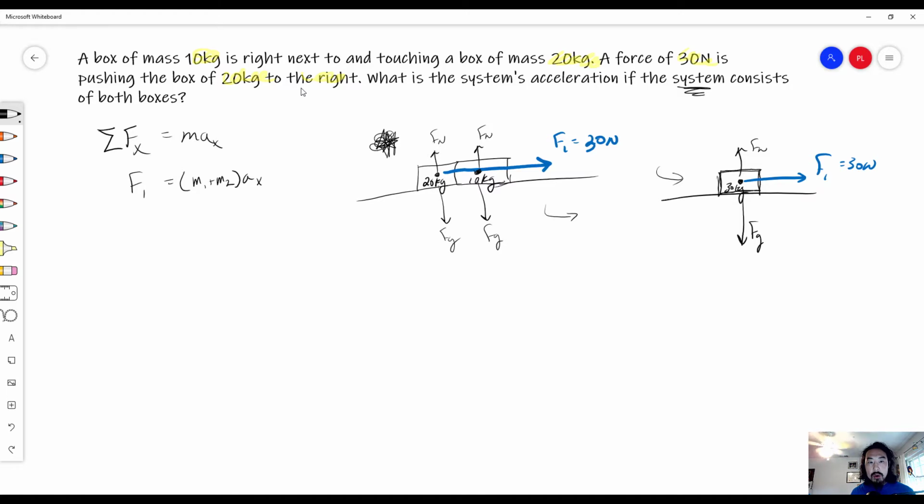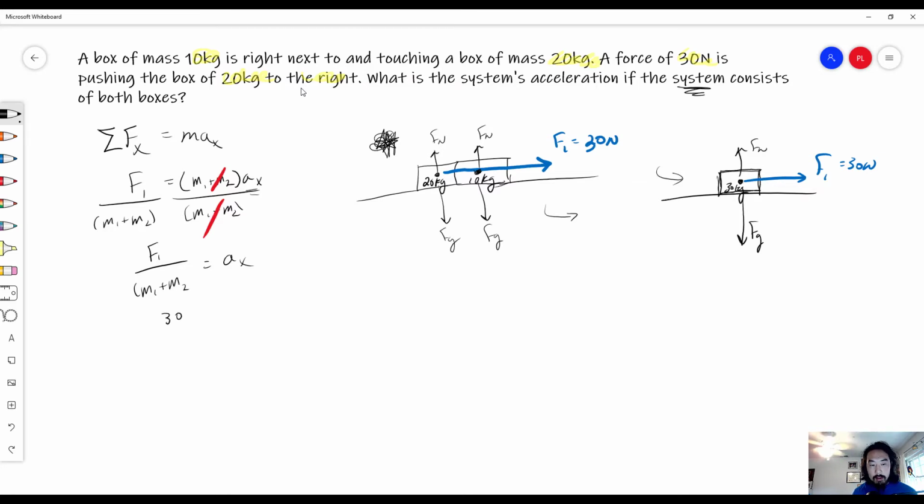With this, we want to find the acceleration, so we're going to divide both sides by this giant parentheses. Remember, whatever is in parentheses, you can imagine as just one giant variable. We have this in the numerator and this in the denominator, so they cancel out, leaving us with F of 1 divided by m1 plus m2 is equal to a sub x. At this point, you can plug in your numbers.